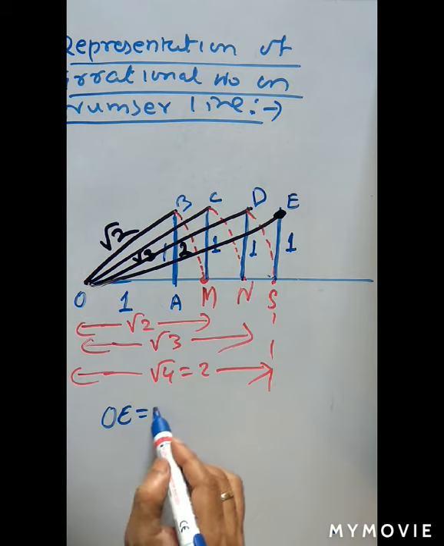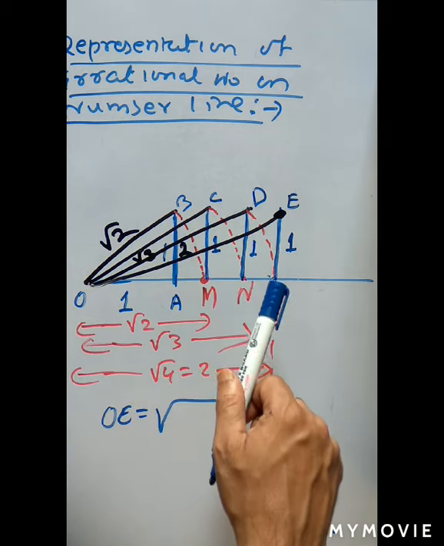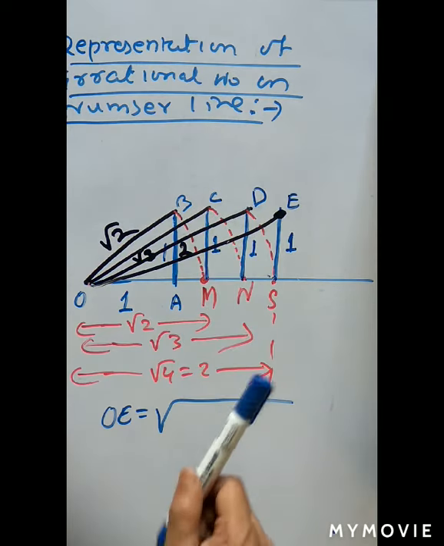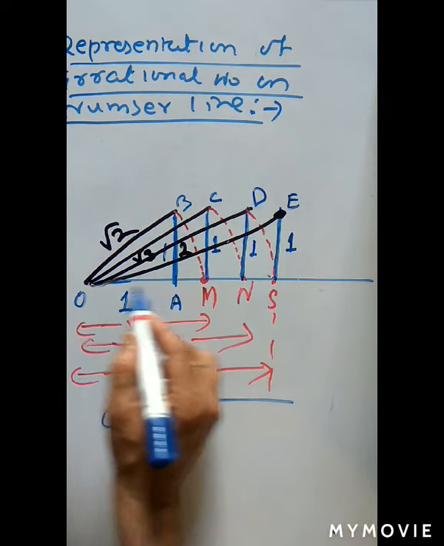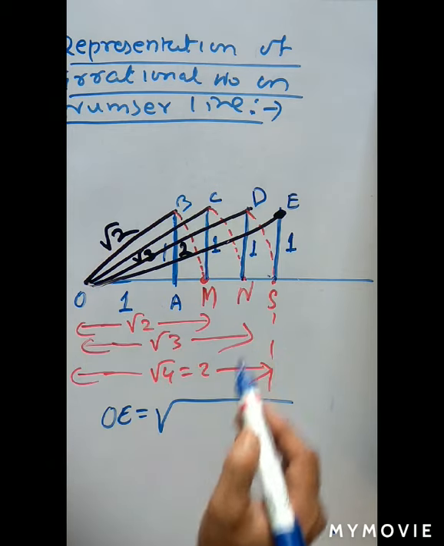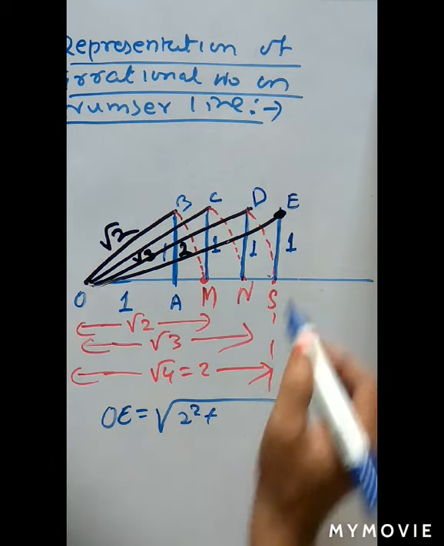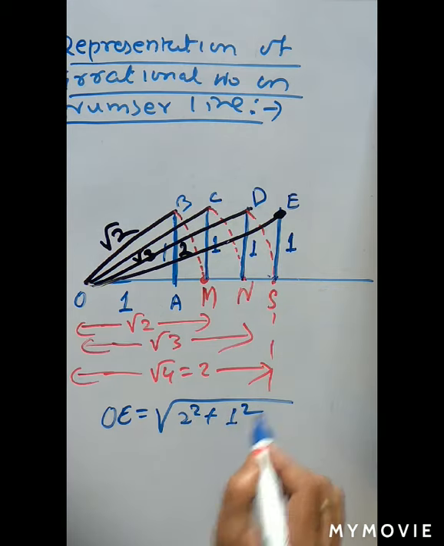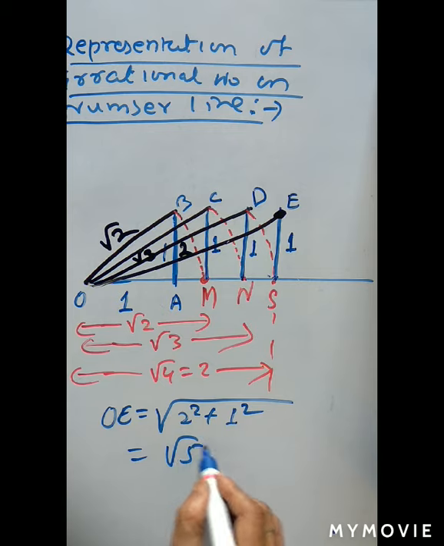OE is nothing but the square root of, always remember the Pythagoras theorem, P square plus B square is equal to H square, or H is equal to the square root of P square plus B square. Here this is the base, OS is 2 square, plus the perpendicular is 1 square, that is 4 plus 1, square root of 5. So OE is equal to square root of 5.